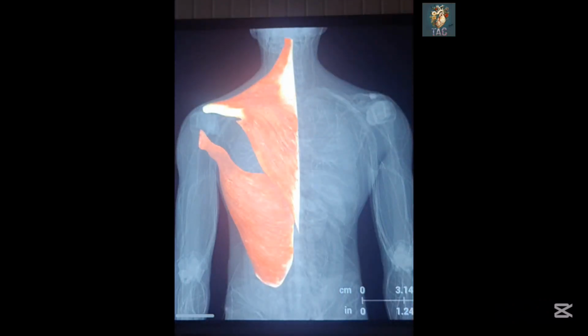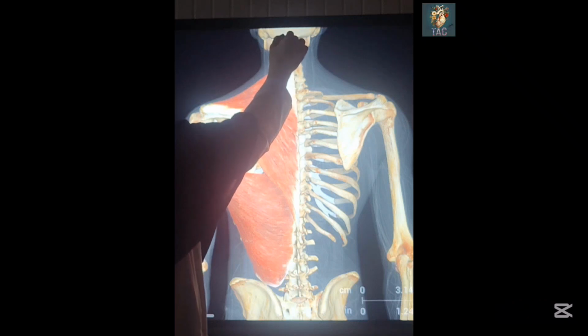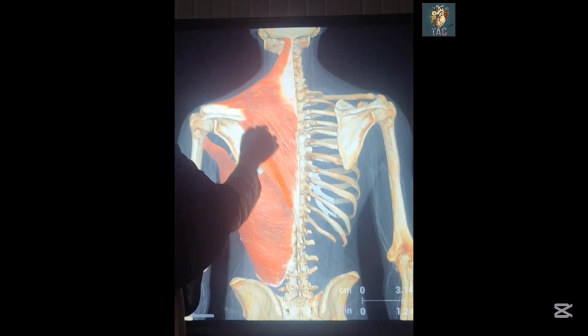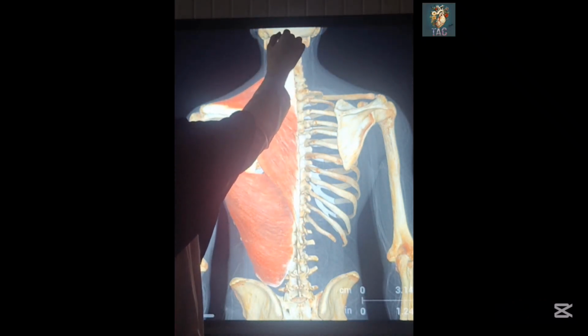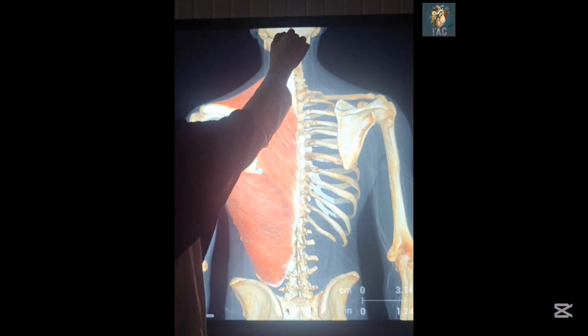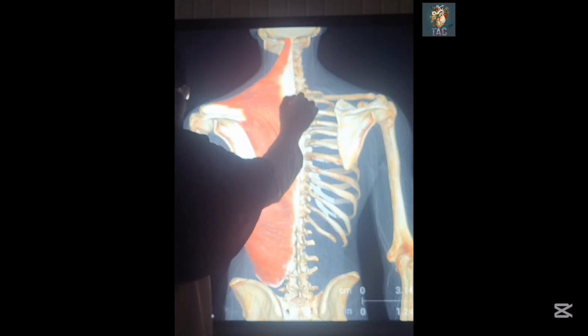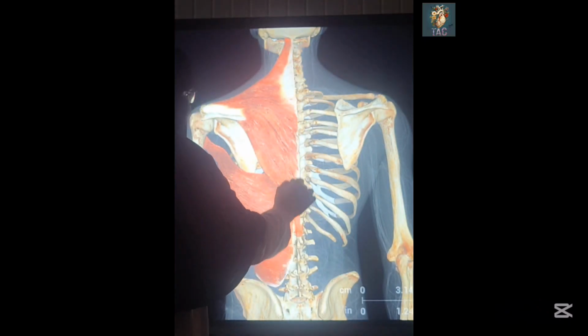So now we will see how these different muscles are taking origin from the different bones. You can see this is the trapezius muscle, the whole of it. It has a linear origin, taking origin from the superior nuchal line, then the external occipital protuberance, then the ligamentum nuchae, the cervical spine, and all the thoracic spine.